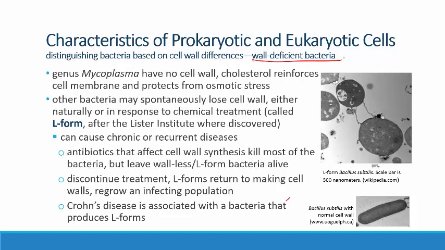There are some other bacteria that will spontaneously lose their cell wall, either naturally or in response to chemical treatment. These L forms, named for the Lister Institute, where they were discovered, are very difficult bacteria to treat, and so they can cause chronic or recurrent diseases.